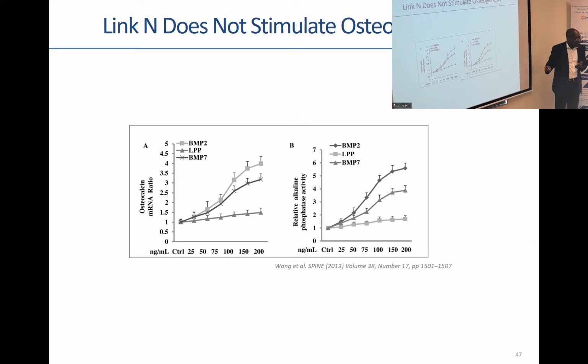Again, the wonderful group in Atlanta showed in a wonderful paper that with Link, it does not stimulate osteogenesis. You can use BMP2, compare it with Link and BMP7, and look at osteocalcin and alkaline phosphatase activity, and you find that with Link there is very, very minimal stimulation of those. So that's very interesting. It seems that the cell autonomous loop of BMP4 and BMP7 is not leading to osteogenesis.